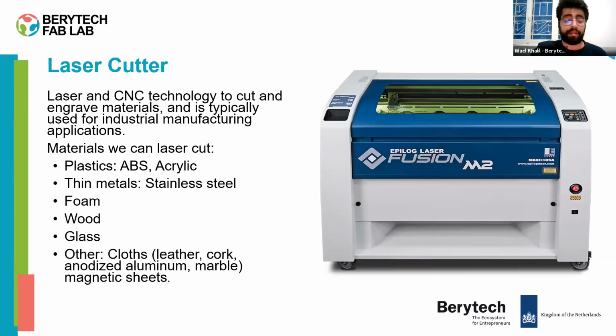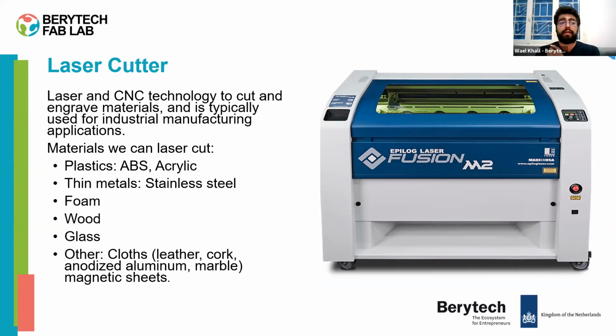We have laser cutters, so you can cut and engrave on various materials like acrylics, plastics, anything that's not metallic mainly. So you can cut in 2D any shape that is not metallic. On a laser cutter, it's our favorite machine. You can do millions of things. We are currently producing face shields for medical professionals on our laser cutter in the lab.